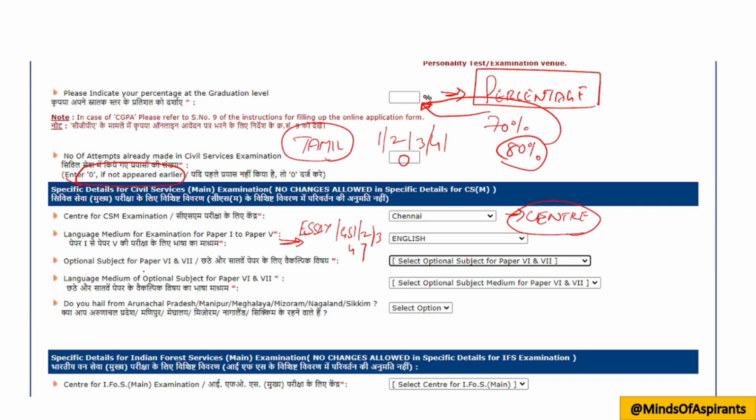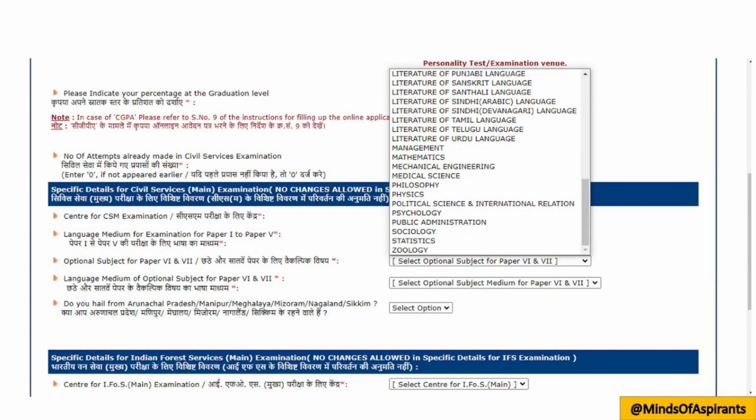And then comes the part of the optional subject. For example, there will be so many optional subjects. So whichever optional subject you have preferred, please write it down. The point is that you may prefer, let us assume, geography or anthropology or public administration or something.